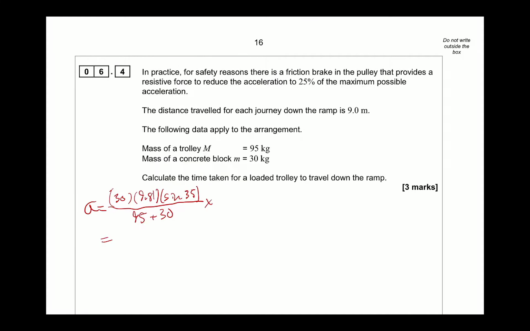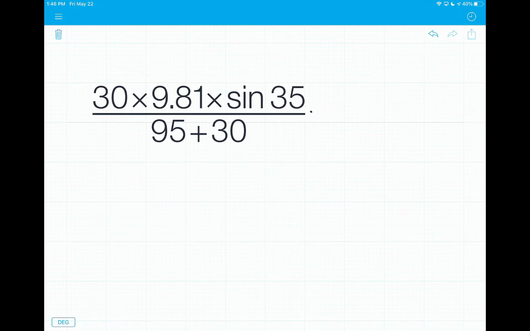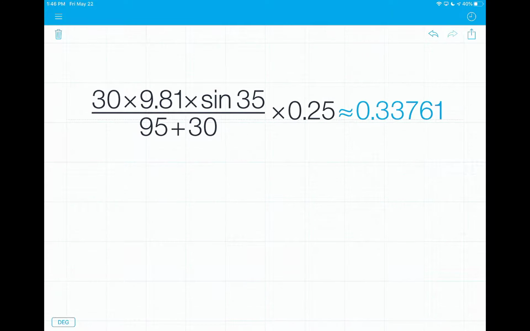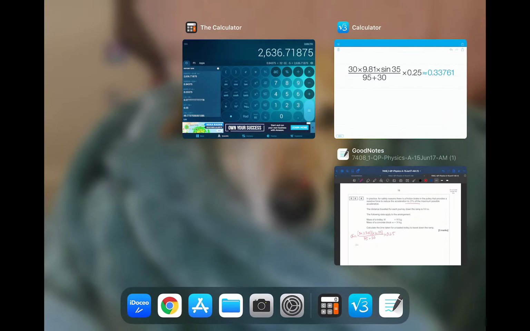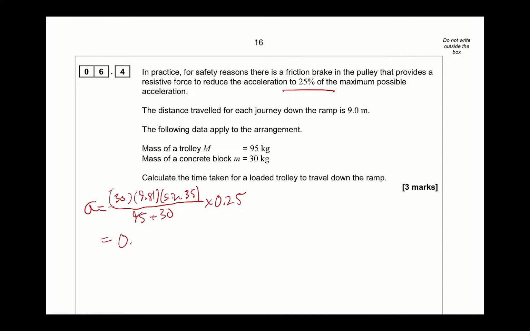Okay, and actually I have to multiply that by 0.25 because it's at 25% of maximum. So 0.34. Well, I'm actually going to go 0.337. Keep one extra sig fig while I'm doing my calculations.